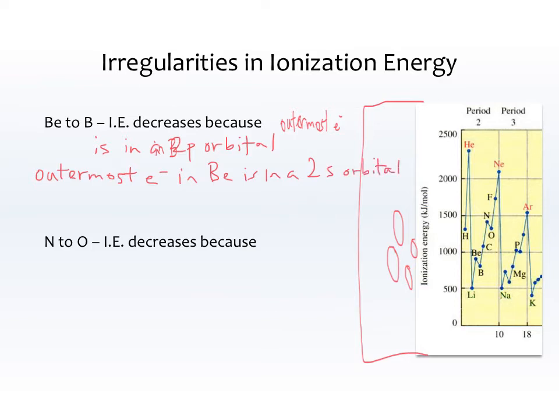Now recall, an electron in a 2s orbital can get closer to the nucleus than an electron in a 2p orbital. Even though they both have the same radius, an electron in an s orbital has greater penetrating power. So it takes more energy to remove an electron that's closer to the nucleus.